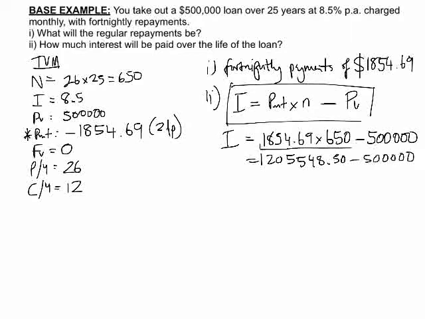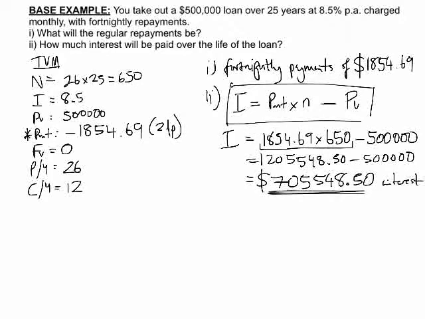So what that's telling you is, in total for this loan, you are paying back over 1,200,000 to borrow 500,000, and that is not an unrealistic thing to happen. So minus 500,000 from that, you'll get $705,548.50 interest for this base example. So we're going to try and remember that throughout all our testing.